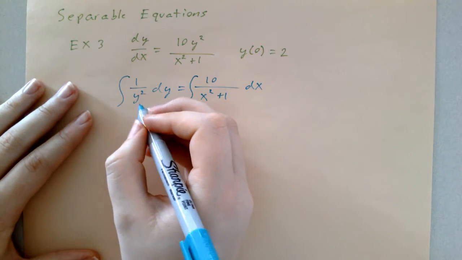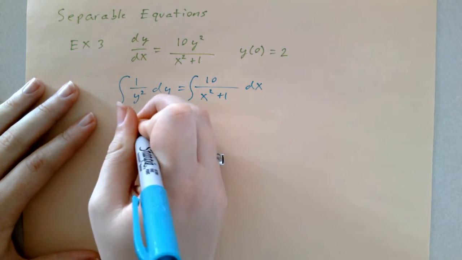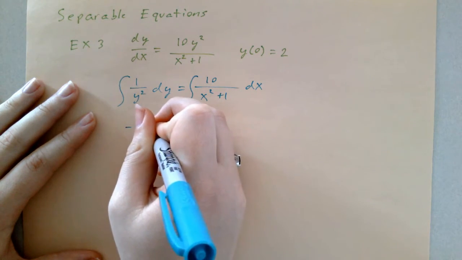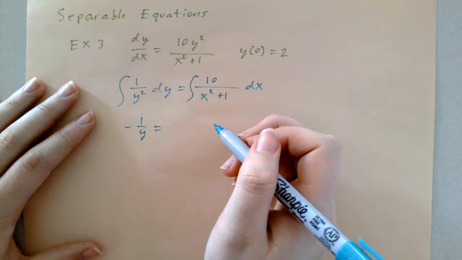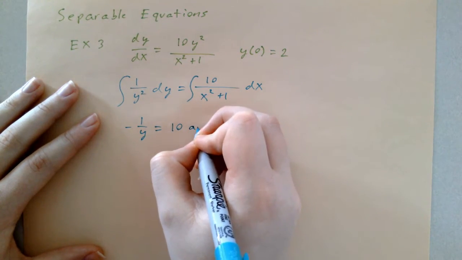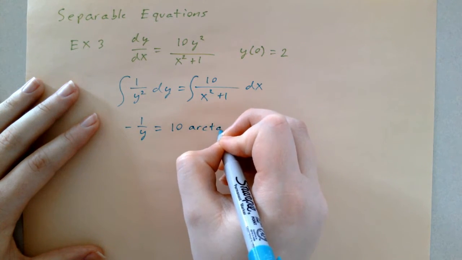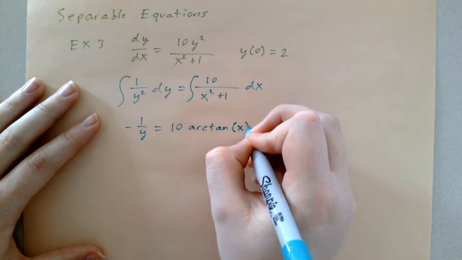The integral of y to the negative 2, or 1 over y squared, is negative 1 over y. This side is a little bit more tricky, but if you remember your integrating rules, this is 10 times the arctangent of x.